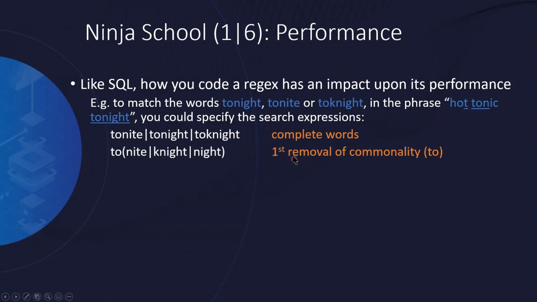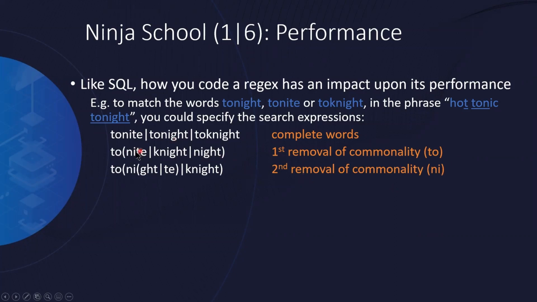Now I'm removing the first commonality, which is TO. Each one of these three words begins with TO, so I could move that to the beginning. The rest, I can specify NITE or KNIGHT or NIGHT. But now I'm removing the second commonality, NI.